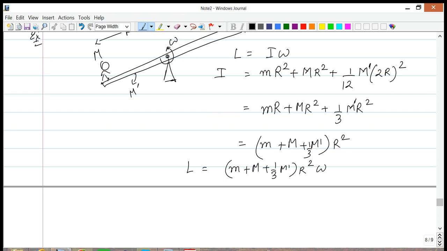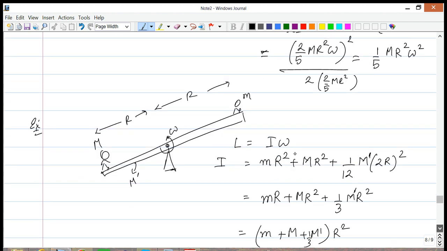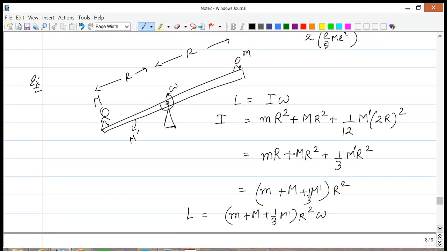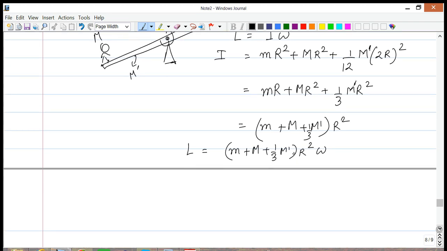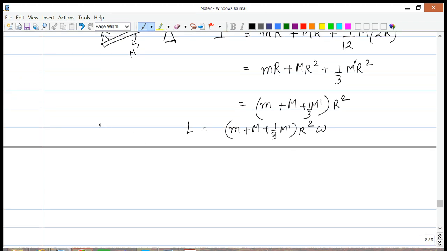Okay, so we know the angular momentum, and once you know the angular momentum, we can also figure out the angular acceleration of the system, just like the previous problem. Okay, what would be the angular acceleration? So we can do this by using our expression dL by dt equals tau equals I times alpha.